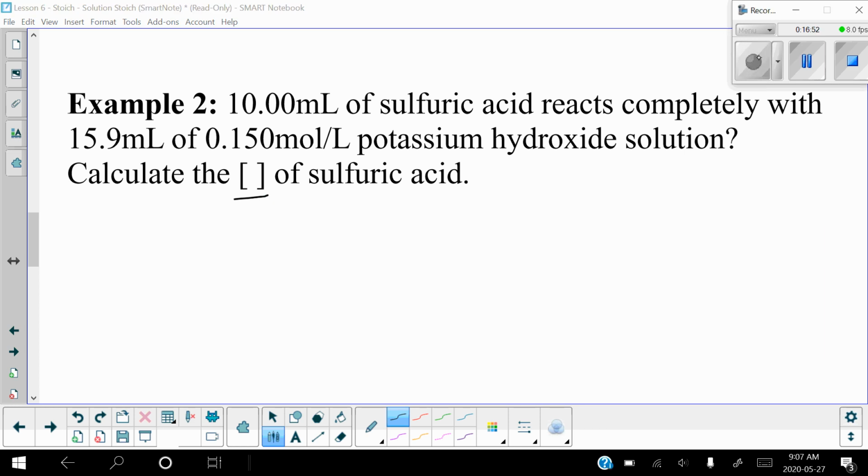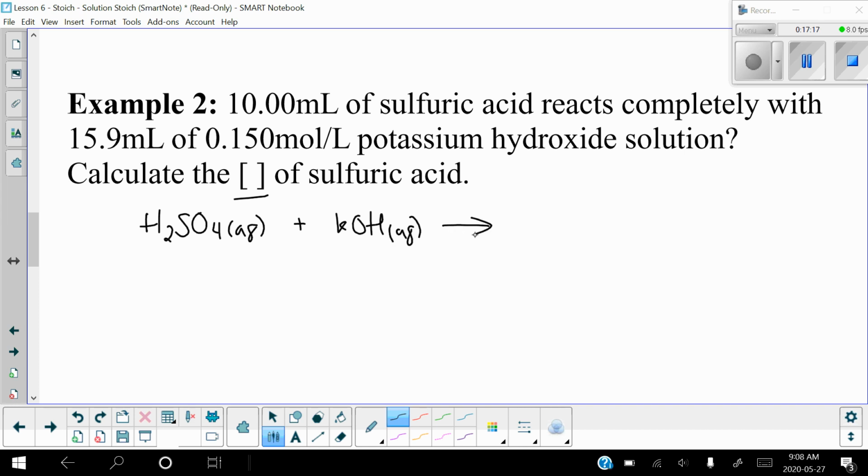Just like every problem, let's begin with writing a balanced reaction. So we have sulfuric acid reacting with potassium hydroxide. Now, what is it producing?